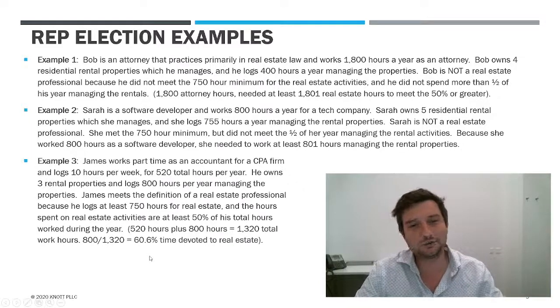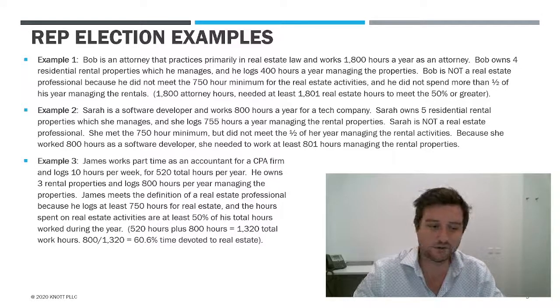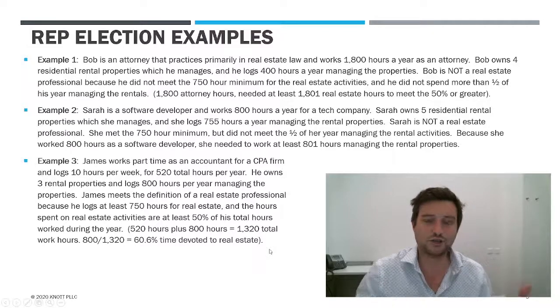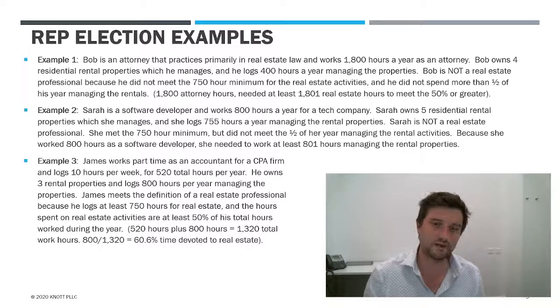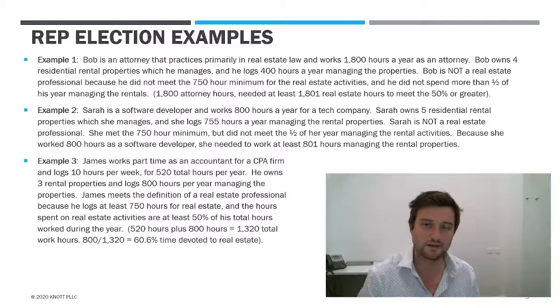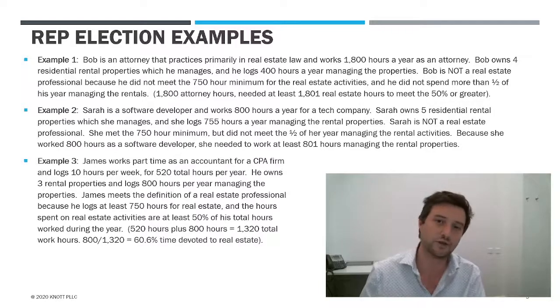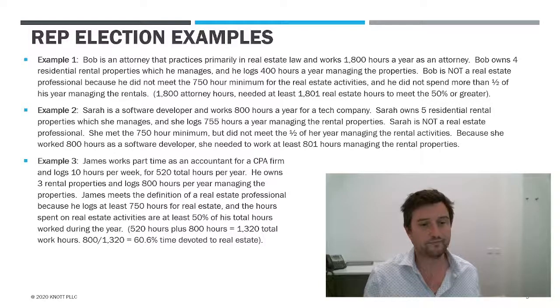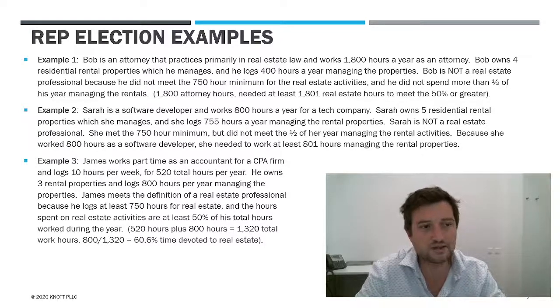If we take the 800 real estate hours divided by the total 1,320, 60.6% of his time was in real estate. So he meets both tests. He meets the 750 and he meets the greater than one half time spent in the real property trader business space.